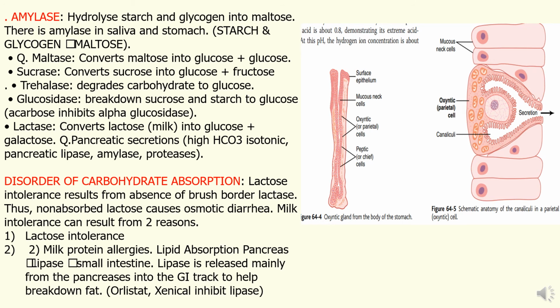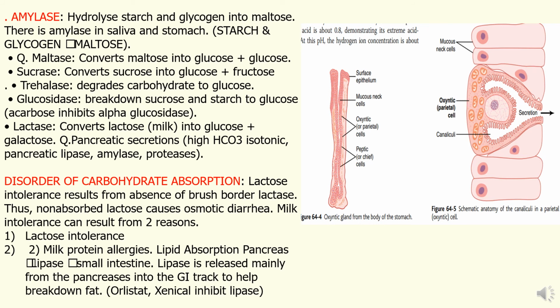Acarbose inhibits alpha glucosidase. Lactase converts lactose, which is milk sugar, into glucose plus galactose. Pancreatic secretions have high bicarbonate concentration, are isotonic, and contain pancreatic lipase, amylase, and proteases.